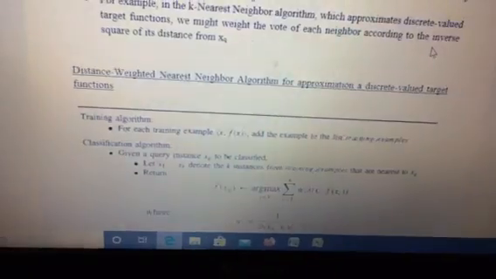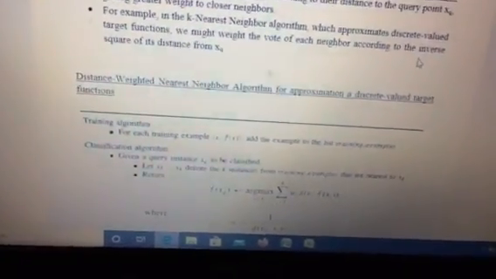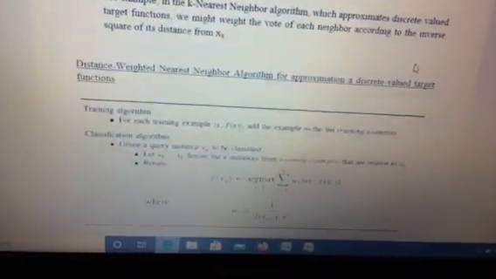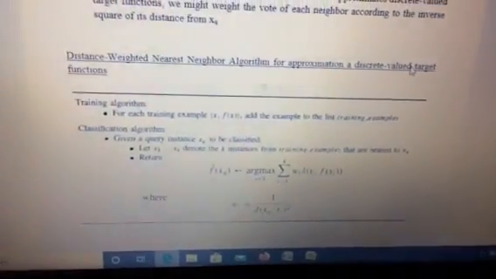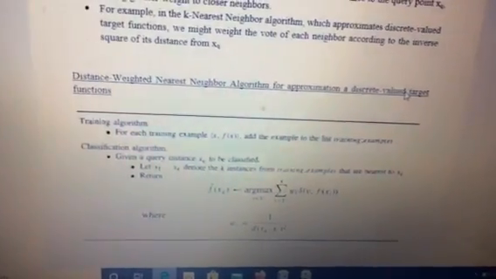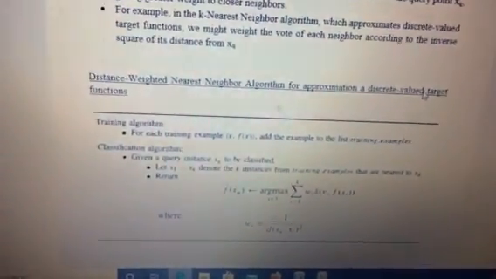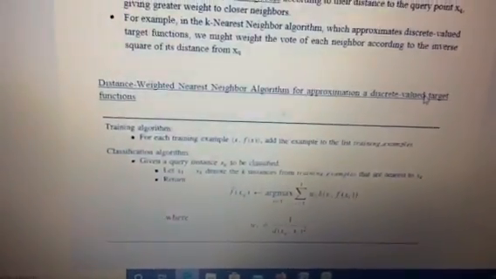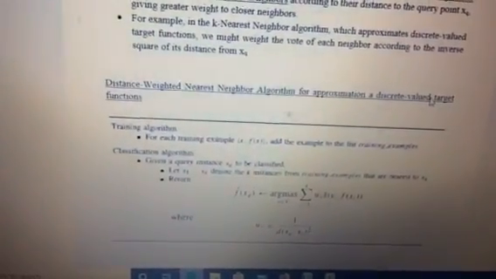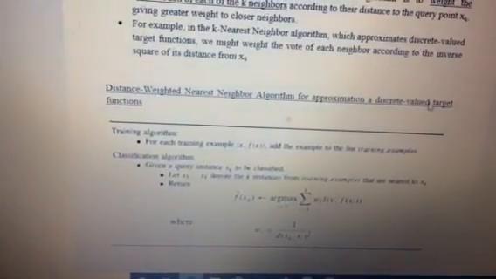So this is an algorithm of a nearest neighbor. We have two parts in the algorithm. One is the training algorithm part, where we consider the input training examples or a training database. Next we have a classification algorithm. In the training algorithm, we can see x comma f of x. X is an input value and f of x is the target function.